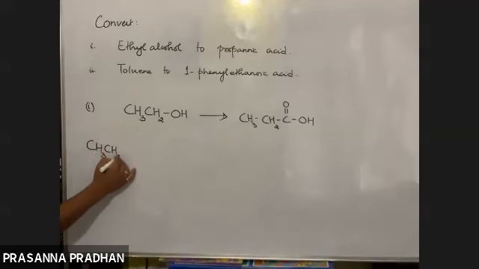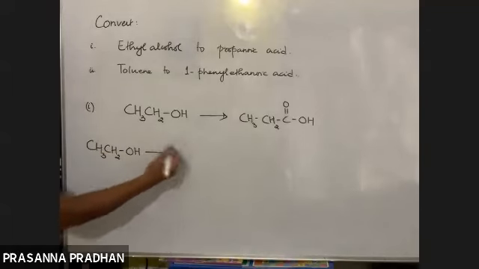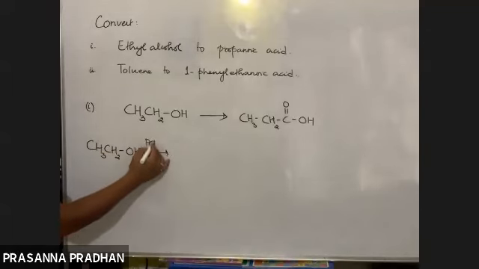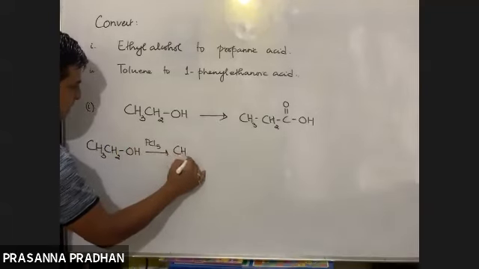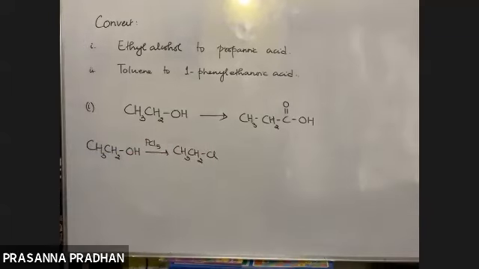First of all, we are going to convert the alcohol to an alkyl halide. If you want to convert to chlorine, I can use PCl5, PCl3, whatever you remember. CH3CH2Cl. You can either convert this into bromine or iodine, whatever you are comfortable with. Now I have the alkyl halide.